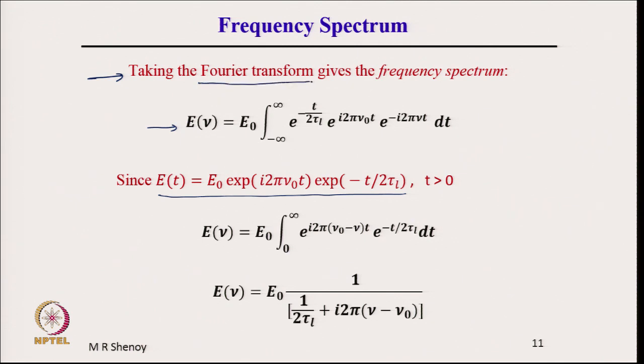This is the Fourier transform of f of t: E of nu is equal to the integral from minus infinity to infinity of f of t e to the power minus 2 pi i nu t dt.